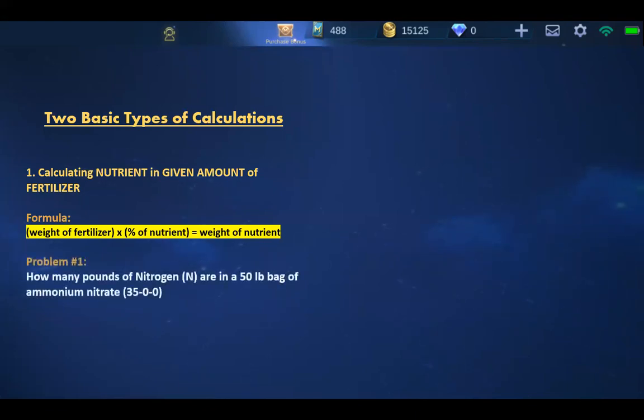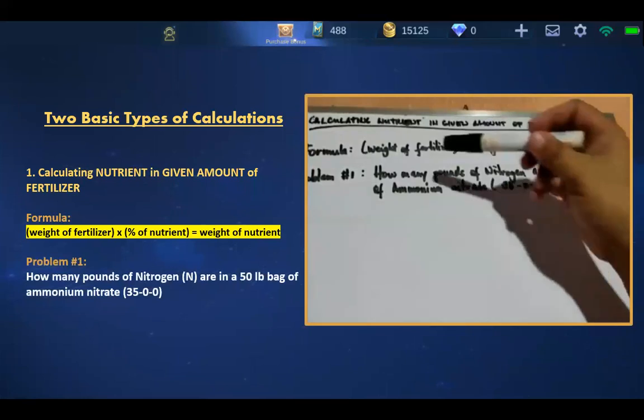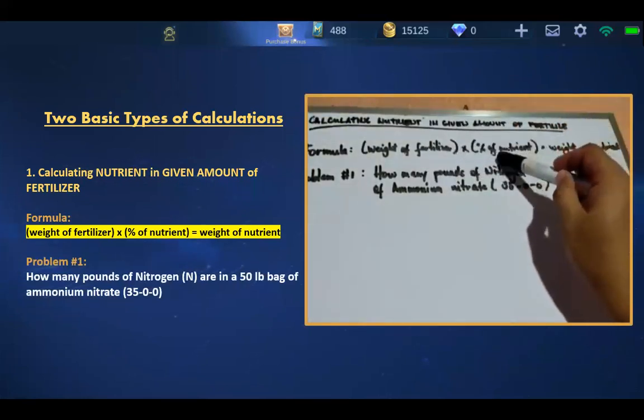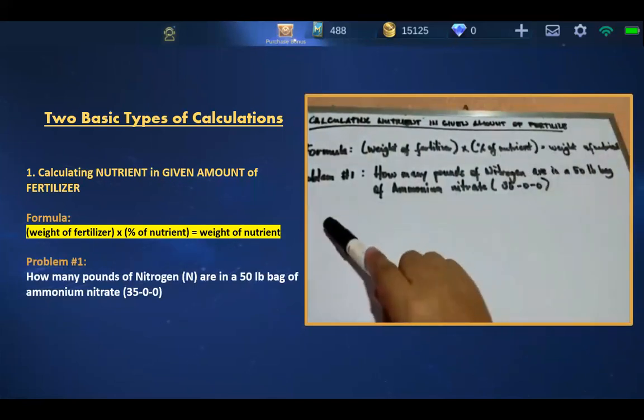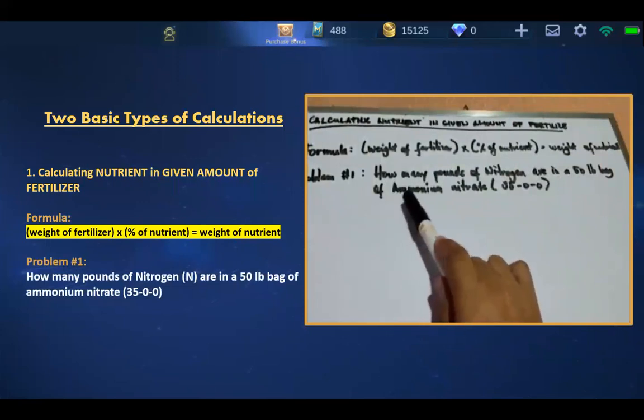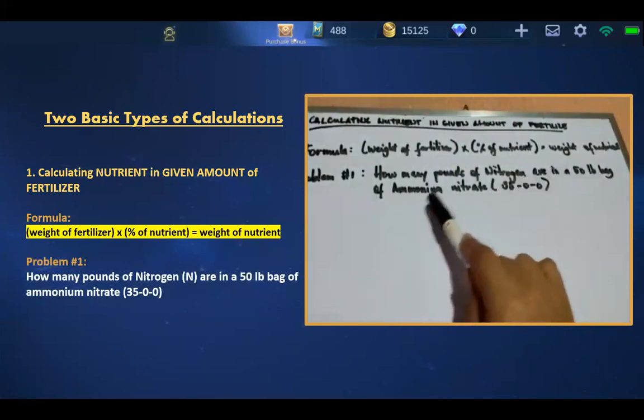So we have here problem number 1. How many pounds of nitrogen are in a 50-pound bag of ammonium nitrate, which is 35-0-0? For calculating nutrient in a given amount of fertilizer, our formula is weight of fertilizer times percentage of nutrient is equal to the weight of nutrients.